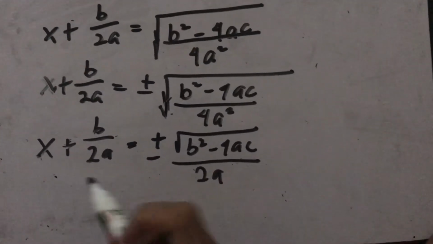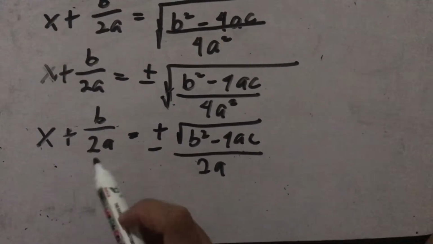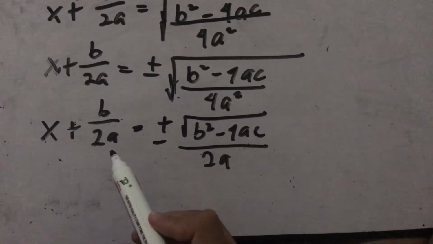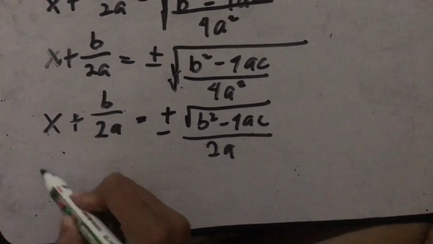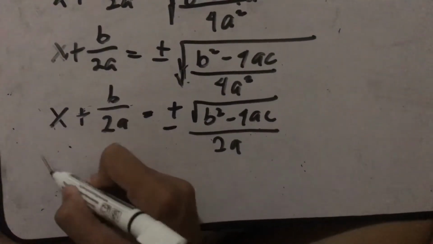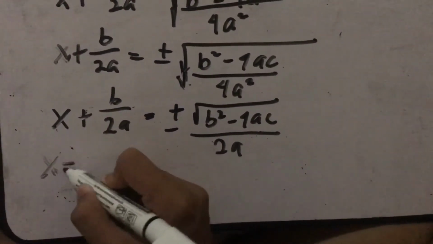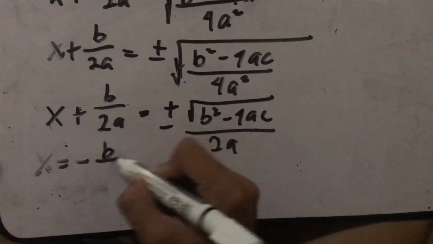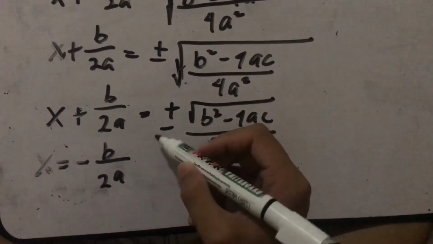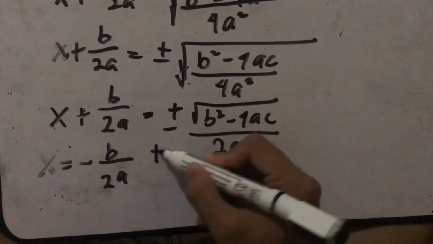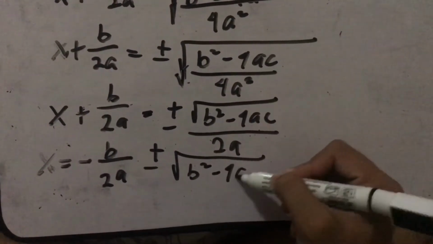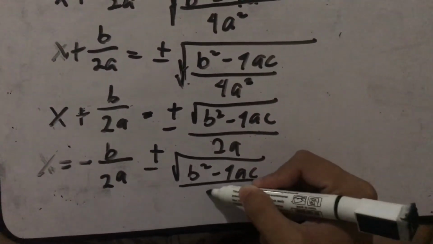So dahil solve for x lang hinahanap natin, iaalis natin tong b over 2a. So gagawin natin x is equal to, from positive magiging negative, negative b over 2a positive negative square root of b squared minus 4ac over 2a.